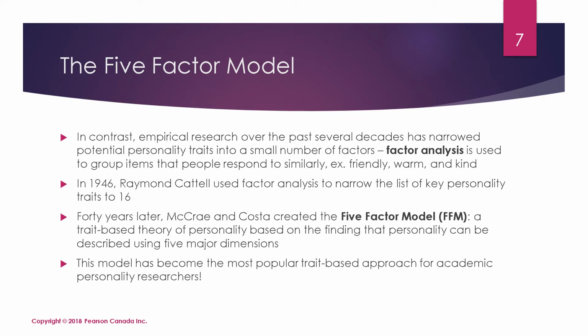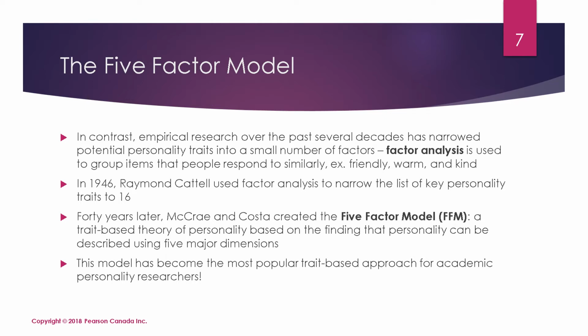So in 1946, Raymond Cattell used factor analysis to narrow the list of key personality traits. So he's expanding on the work of Allport at this point, and he narrowed the list down to 16 key personality traits. Then 40 years later, so quite some time has passed, McCrae and Costa created what we call the 5-factor model of personality. You may have also heard it referred to as OCEAN, and I'll show you why in a minute.